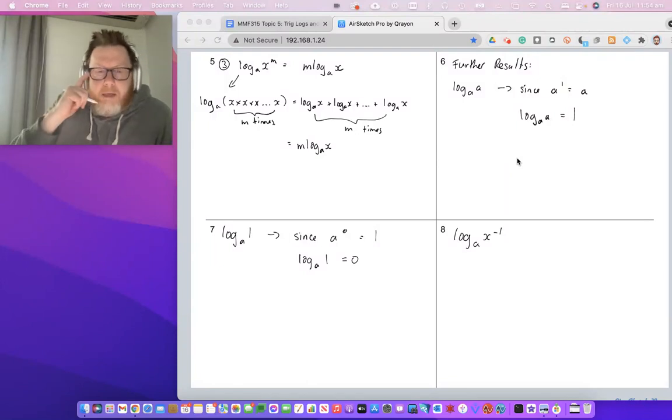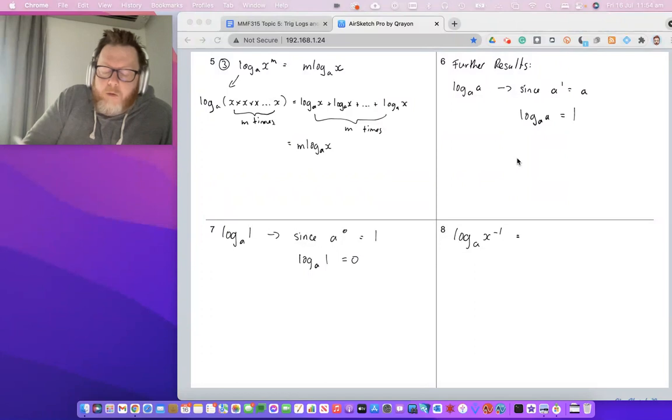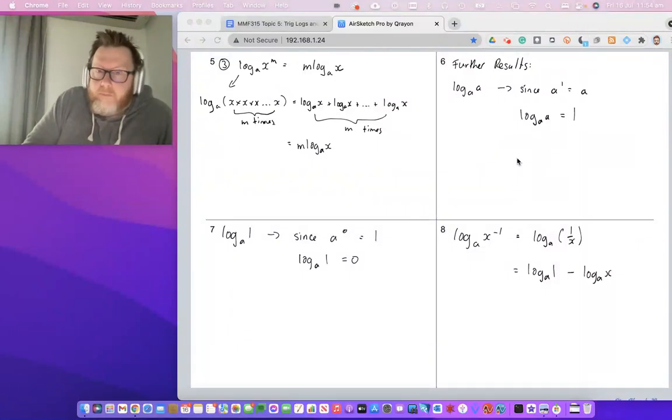And number 8 here, well, you could use law 3 in order to solve that problem fairly readily, I think. But another way of looking at it is like this. Log base a of x to the power of negative 1 is equal to log base a of 1 on x, which is equal to log base a of 1 minus log base a of x.